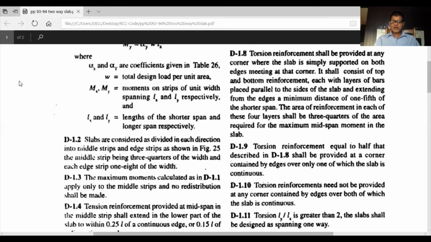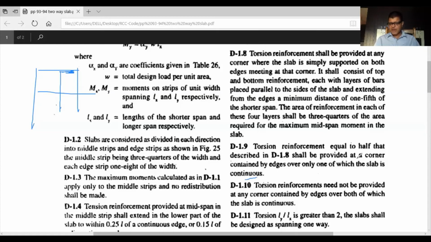Let me again draw this drawing. Suppose you have a building like this, and this is a slab. Now what will happen? Here this short edge is discontinuous. Okay, what it says is torsion reinforcement equal to half that described in 1.8 is provided at a corner contained by edges over only one of which the slab is continuous.